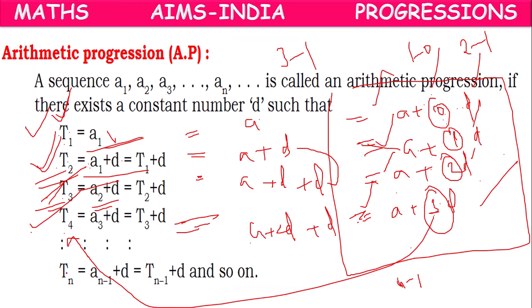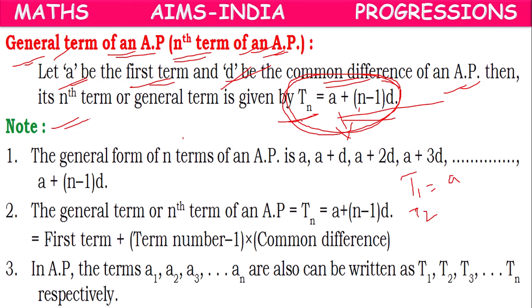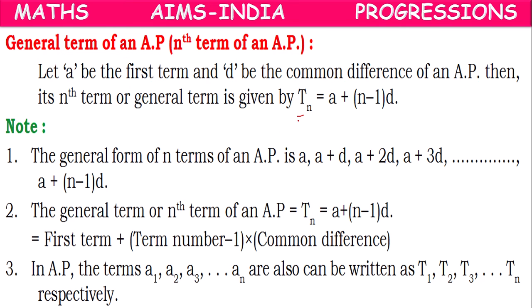In the same way, if you want to find Tn, what can we write? We can write A plus 1 less than n, that is (n - 1) into D. So by observing all the terms of an AP, they have defined the general form of the nth term as Tn = a + (n - 1) d.